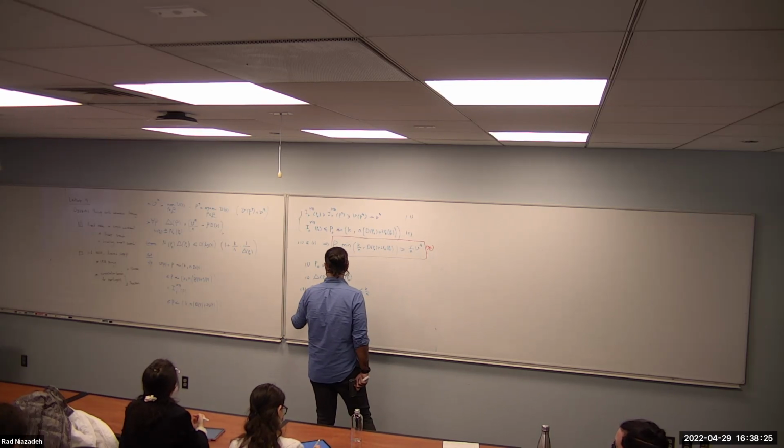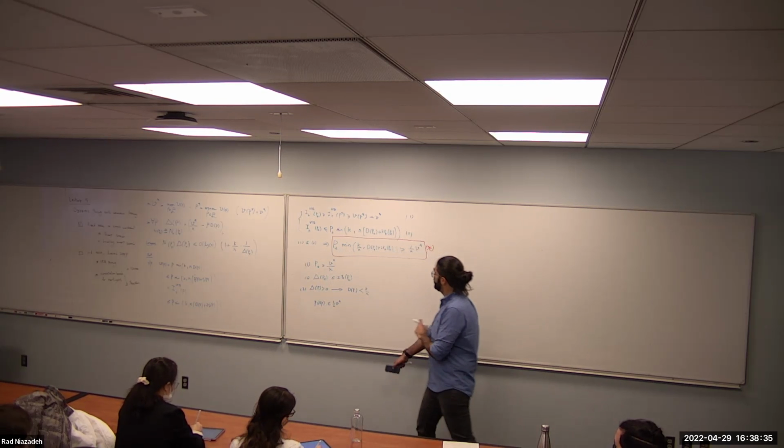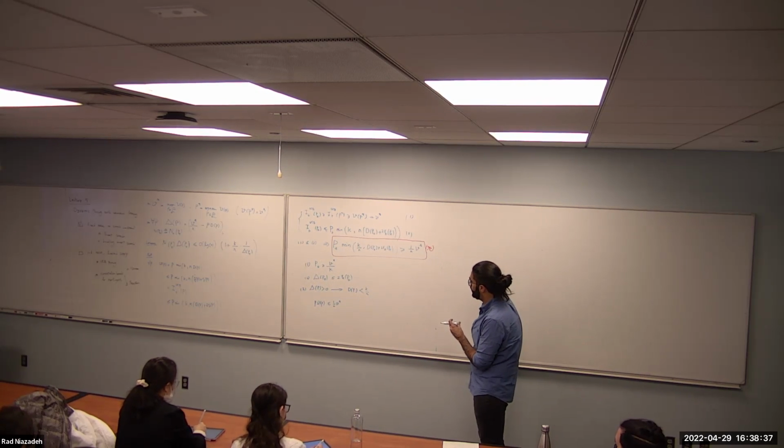What I'm saying is that P times D of P, for any price P, should be at most 1 over N times V star, by the definition of V star.